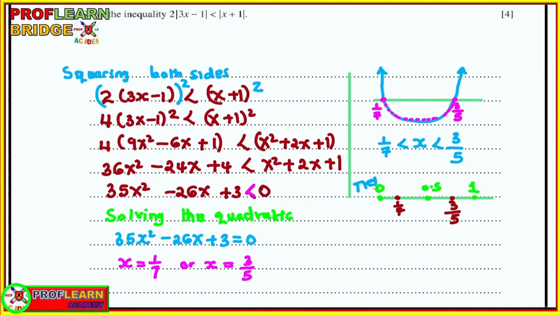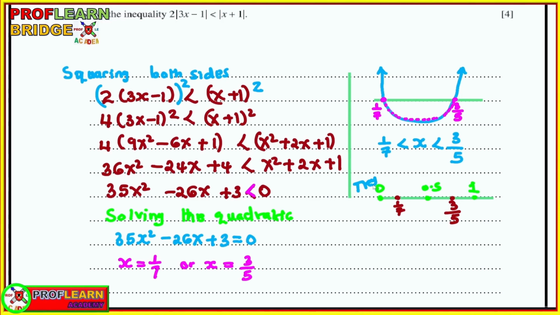So you put 0 in that and check whether it satisfies the inequality. If not, you try 0.5. Is it going to satisfy the inequality? And also you try 1. If 0 satisfies the inequality, you say the solution is x less than 1/7.